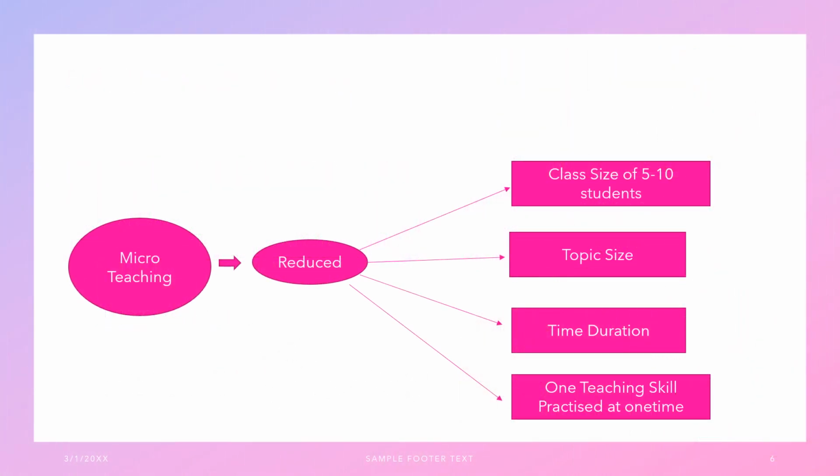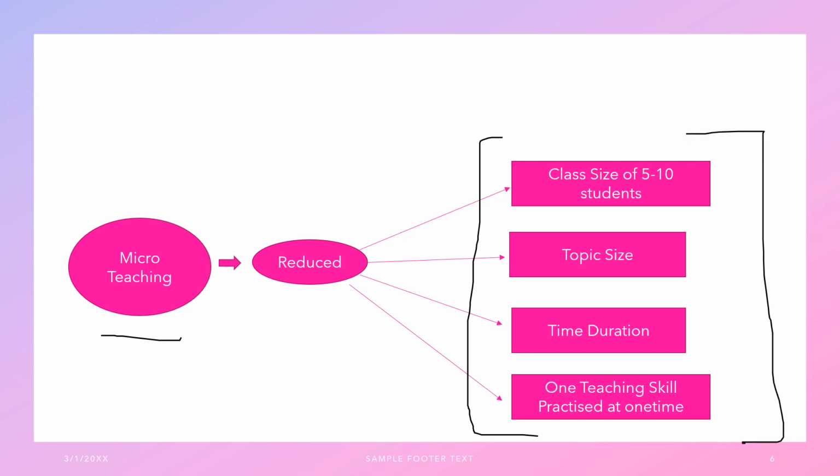In this diagram of micro teaching, you can see the components of micro teaching: the class size, topic size, time duration, and one teaching skill practiced at one time. So basically micro teaching is a scaled down teaching where we reduce the complexity of real classroom teaching in terms of the number of students.